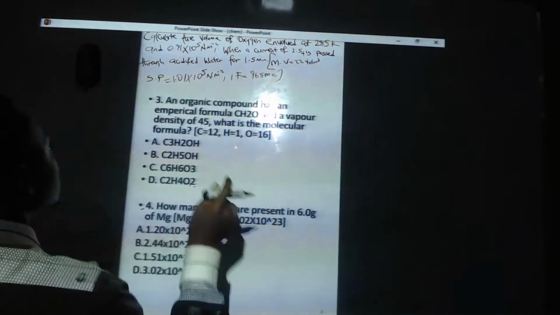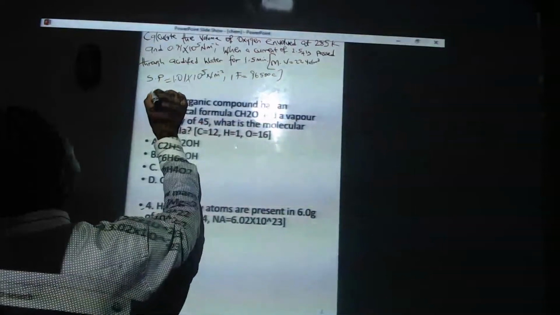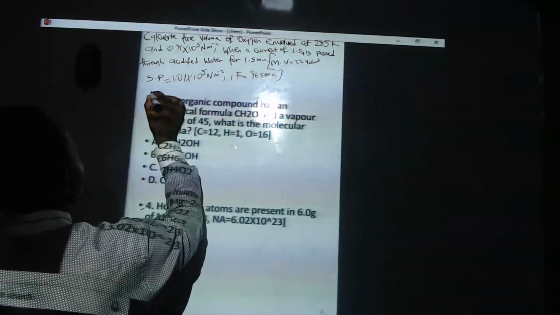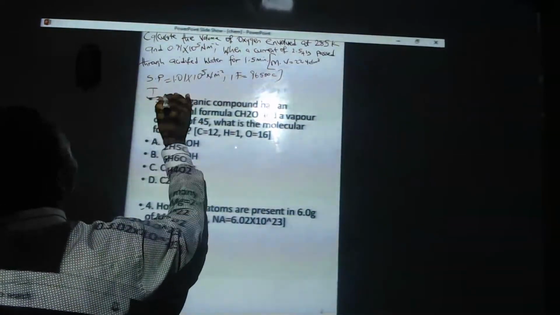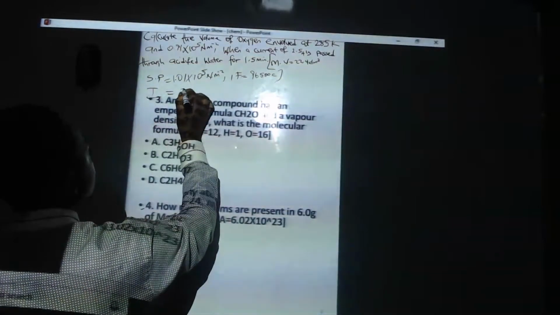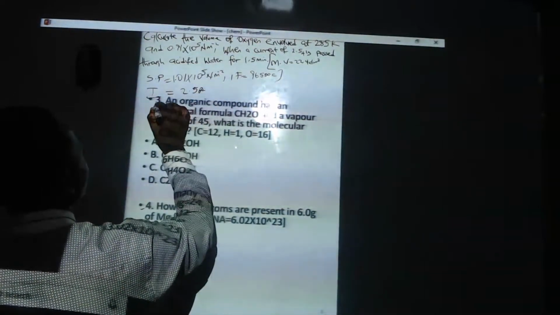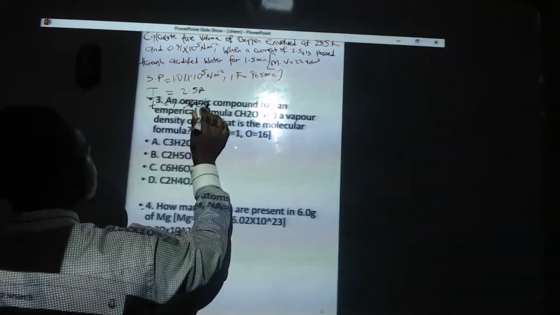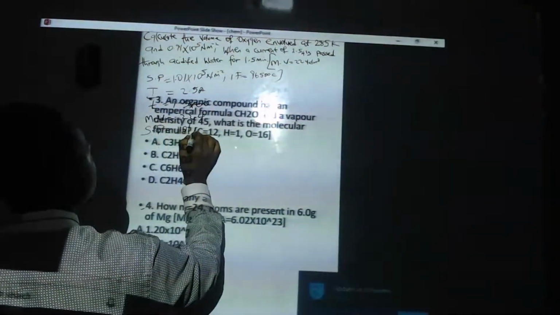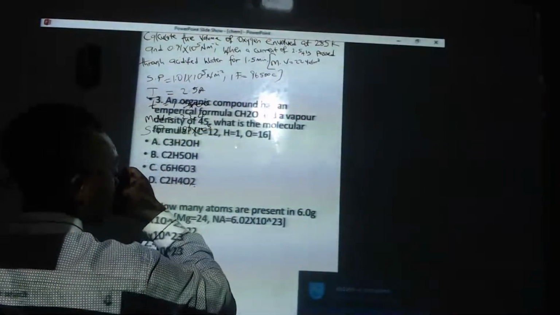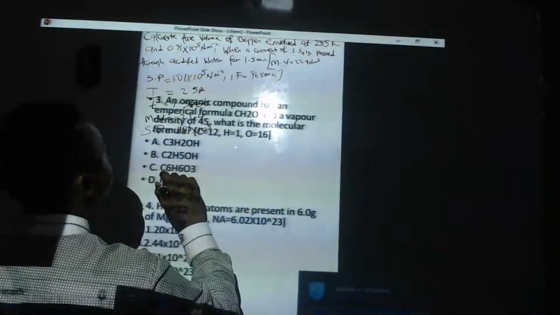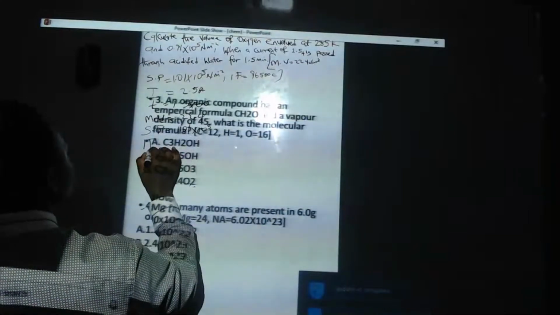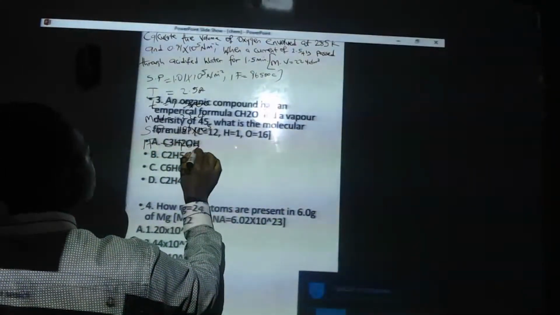Now, the first thing here, remember your quantity, write out your parameters first. The current is 2.5, time is 1.5 minutes, which you convert, pressure 1.01 times 10 to the power of 5, and your Faraday, which is 96500.